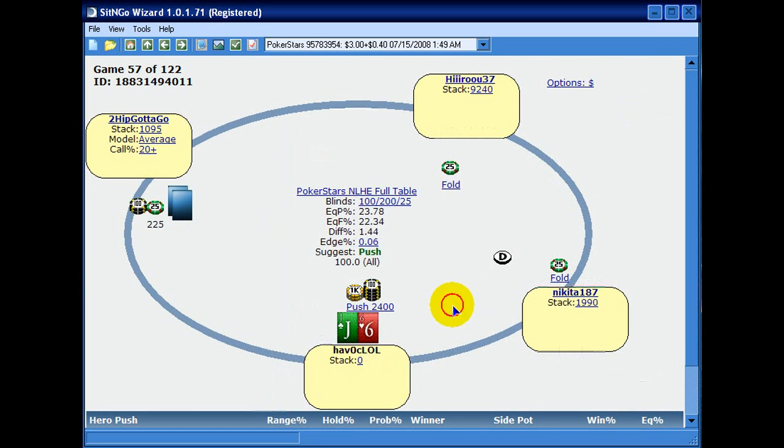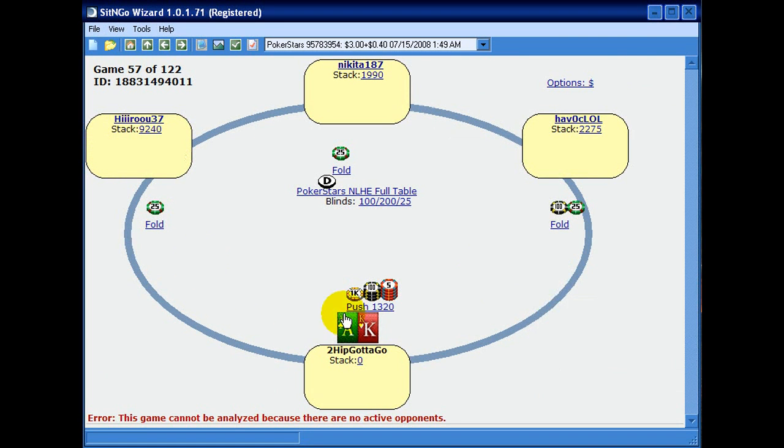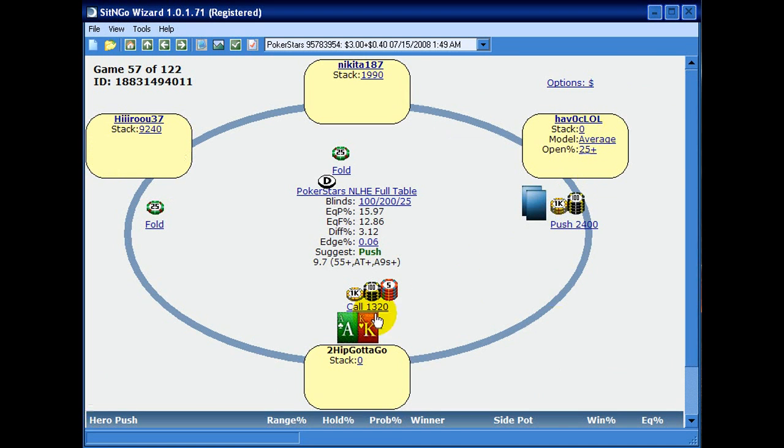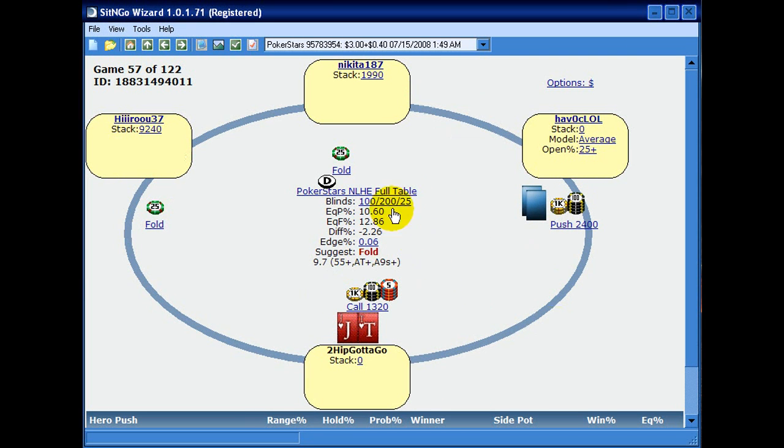And we can also swap positions, and we can look at, hey, if I had ace king offsuit here and a hand in front of me pushed, what should I do? And obviously this is a push. But say we had a hand like jack 10 suited and he pushed. How often would he have to push in order for us to make this call profitable?